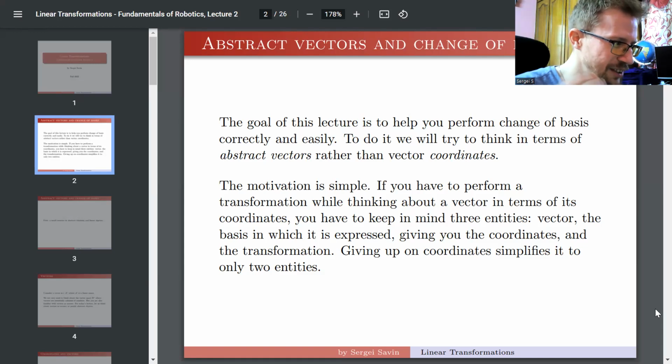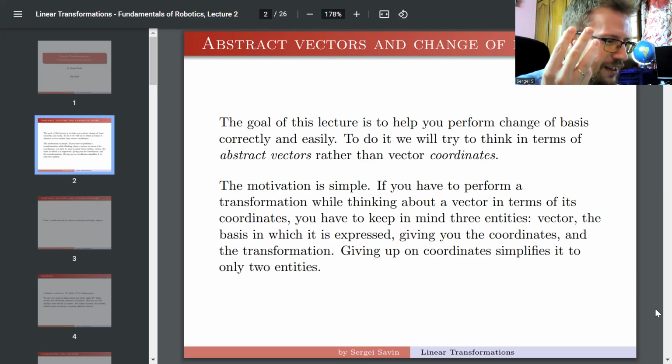So here's the motivation. If you want to perform transformations, thinking about vectors in terms of coordinates, there are 3 things you have to think about. One is the vector which you're going to work with.